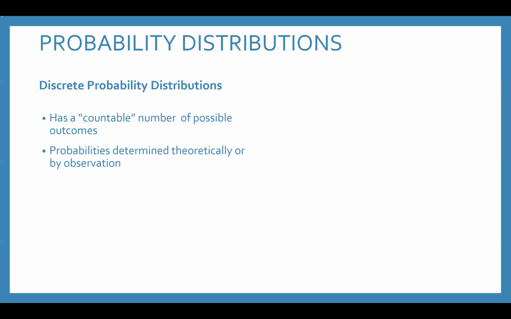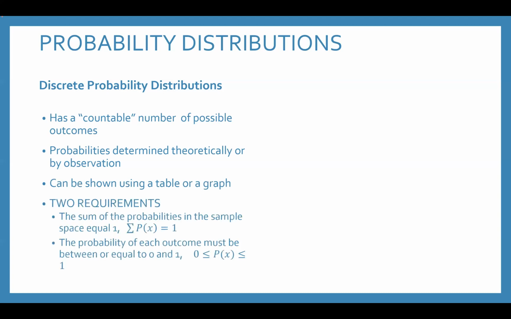I can count that. Those probabilities are often determined theoretically or by observation. Again, we can create either a table or a graph. And the two requirements go back to the two basic rules of probability, that all probabilities are between 0 and 1, and the total of the probabilities has to equal 1.